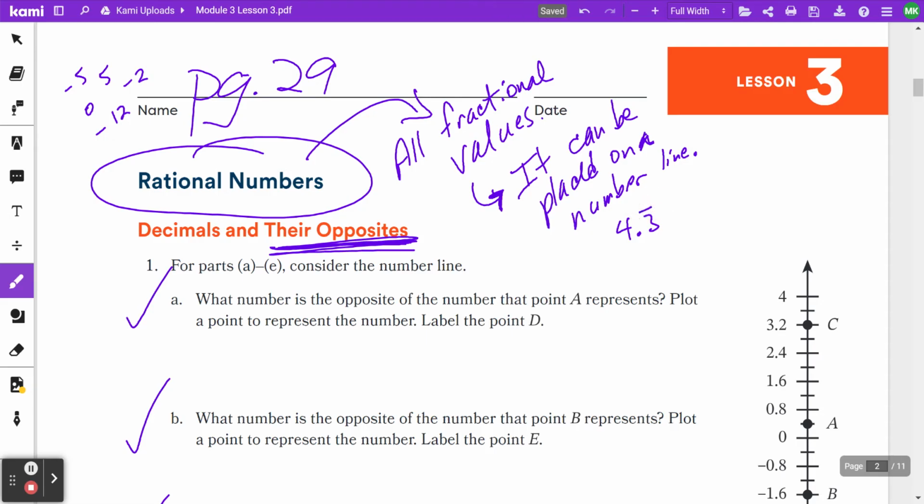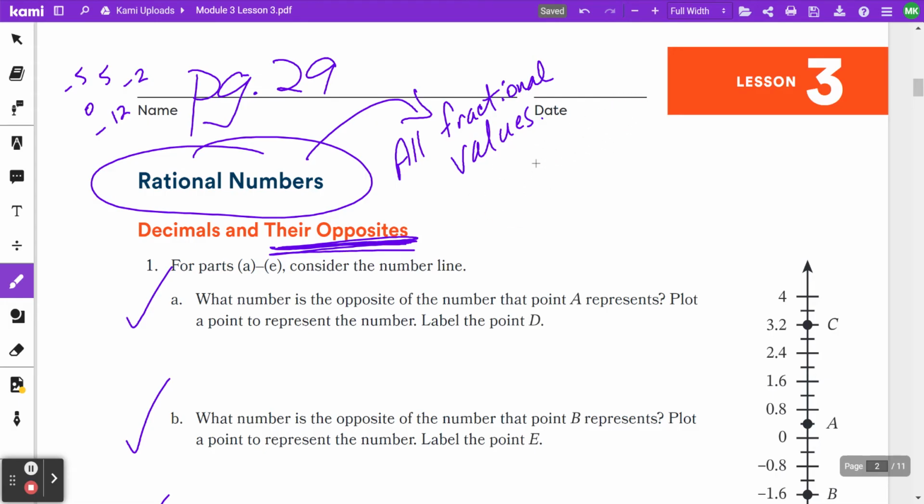You can't find it. But the fractional value, you can. So if I did 4 1/3, then I can find that. But some of these decimals just go on and on forever, and they're not defined. If they're not defined, you can't put them on a number line, and then of course it wouldn't be a rational number. Okay, so that's the deal with that.